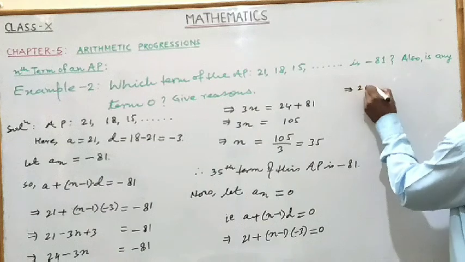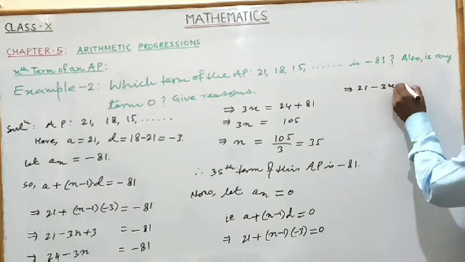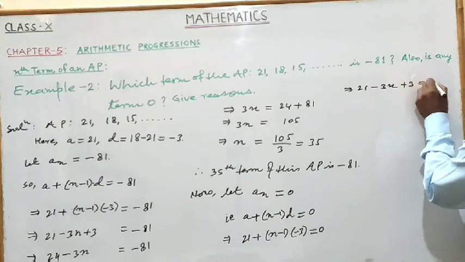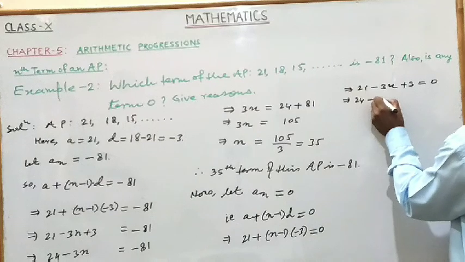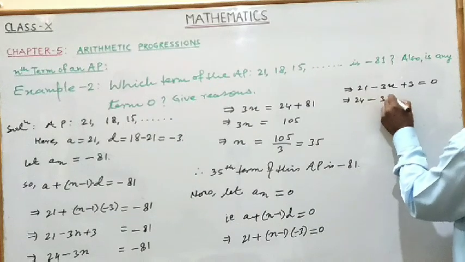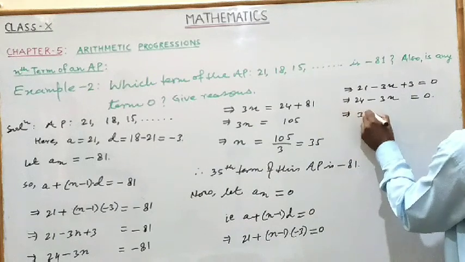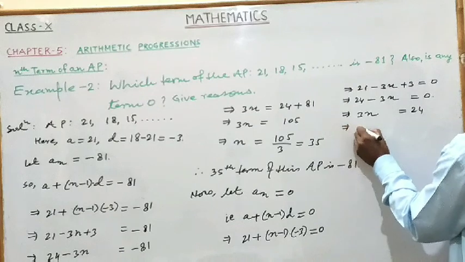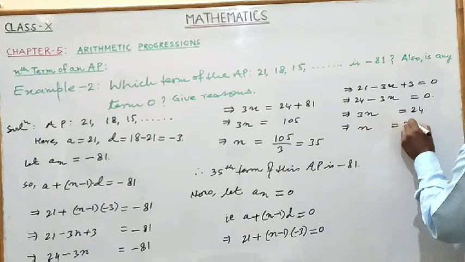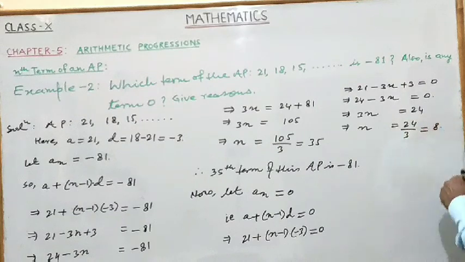So 21 minus 3n plus 3 equal to 0. 24 minus 3n equal to 0. So 3n is equal to 24. So n equal to 24 by 3 equal to 8.